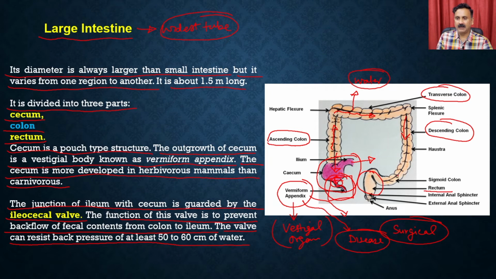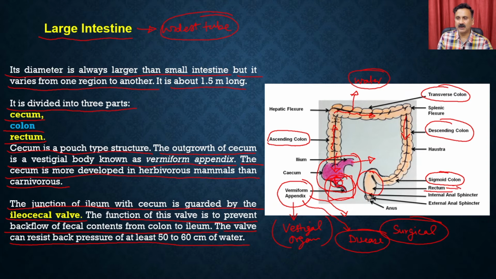And then the last portion of the colon is called the sigmoid colon, and this sigmoid colon terminally forms the pouch-like structure which is called the rectum.